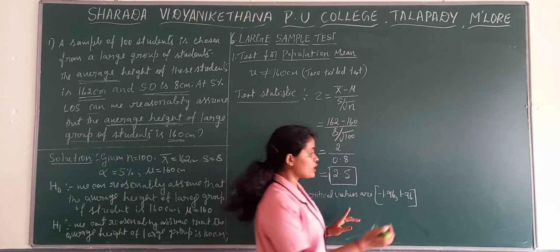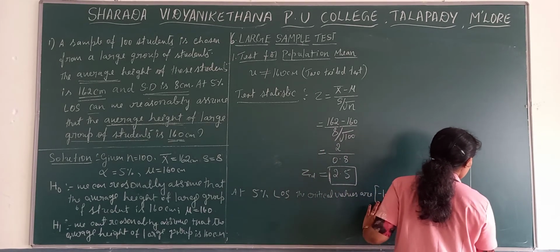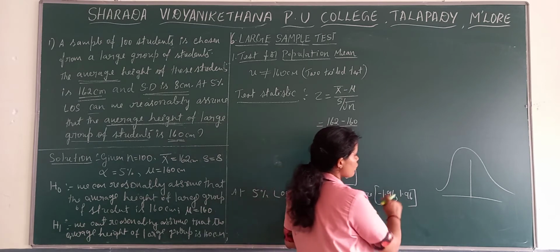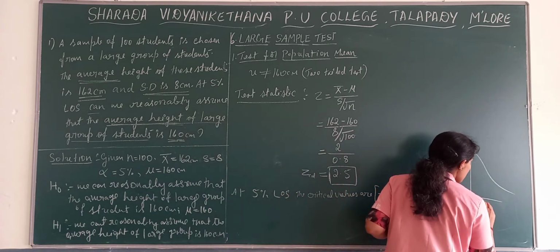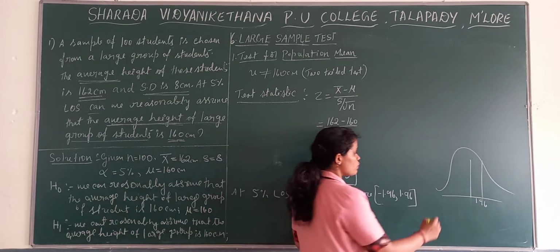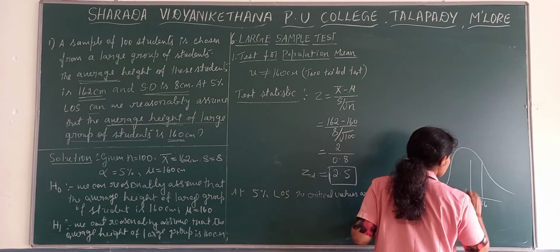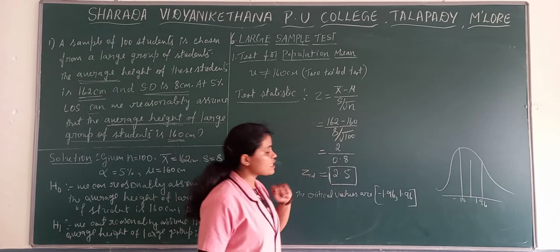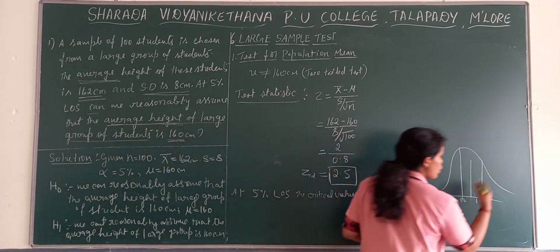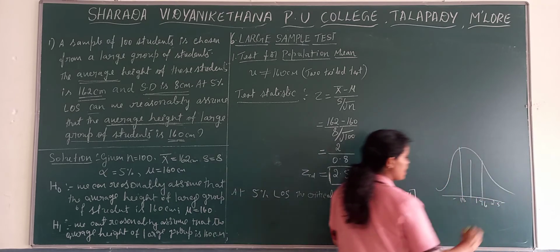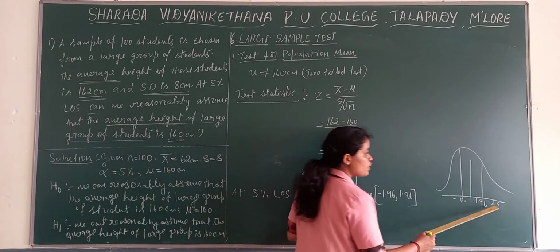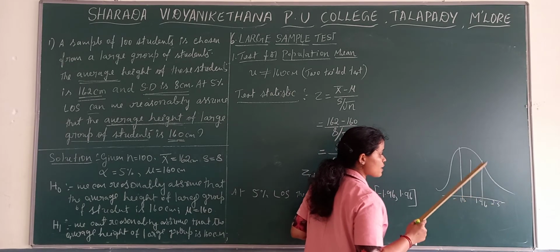Further, if you get confused, draw a graph here and just see where 1.96 will come. Positive 1.96 will fall here and negative 1.96 will fall here. Now, where will this 2.5 fall? 2.5 will fall beyond 1.96, so it will not fall within the acceptance region.